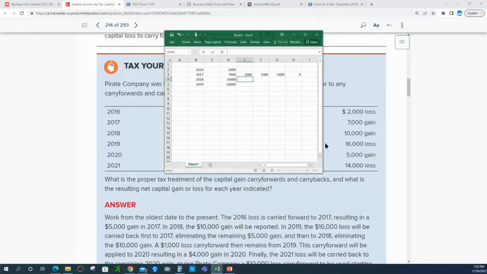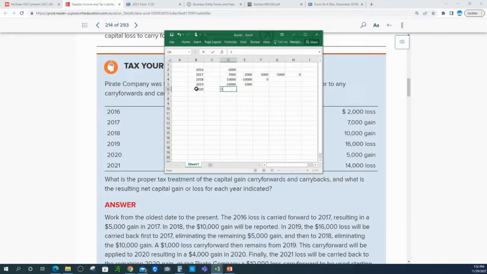So now we're going to apply 11,000, but we can only apply $10,000 to that. So now our net income for 2018 is 0, but we've got 1,000 left. So we can carry that forward.